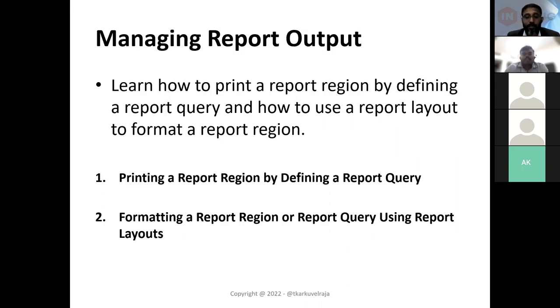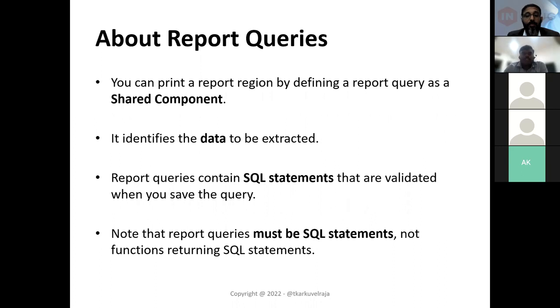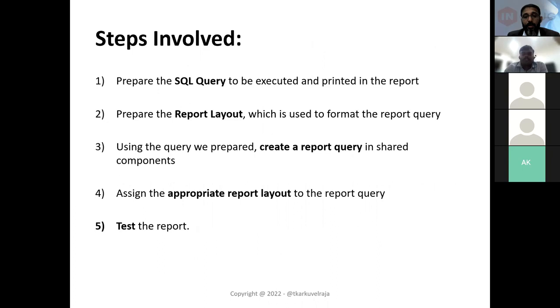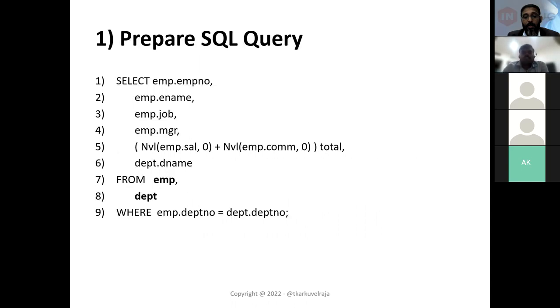We covered how you can print a report region by defining a report query, and how you can format the report region using report layouts. I hope you have understood the concept of report queries and what a report layout is, and the steps you need to take to implement this feature, which we have also seen.